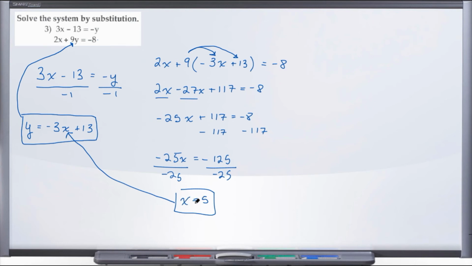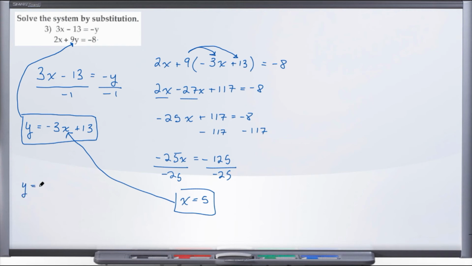You could, of course, take this x equals 5 and plug it into one of these two equations, but you would have more work to do because you would have to do some additional algebra to solve for y, whereas here we already solved for y. And so let's go ahead and take the easy road and plug it in so that we know what y is right off the bat as soon as we solve.